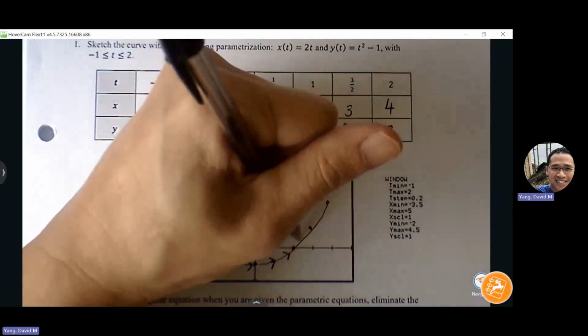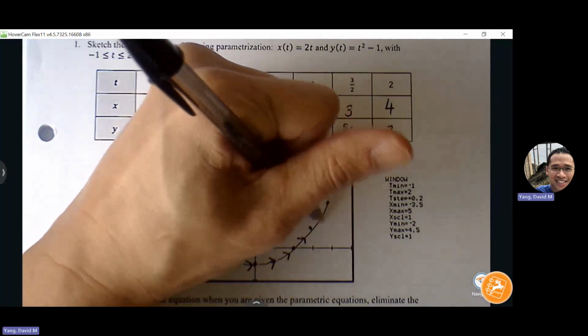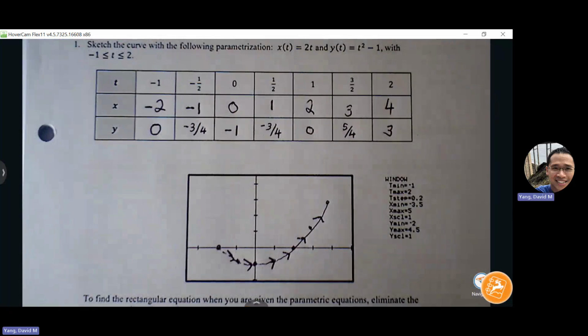So with that parameter t, we're not only able to see the graph, we're also able to see the direction of the graph.